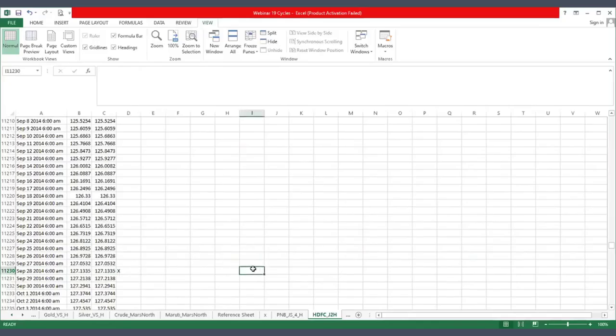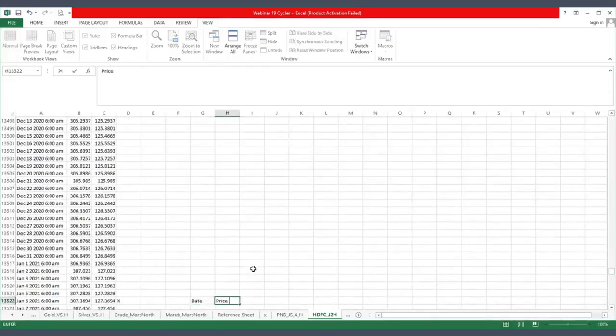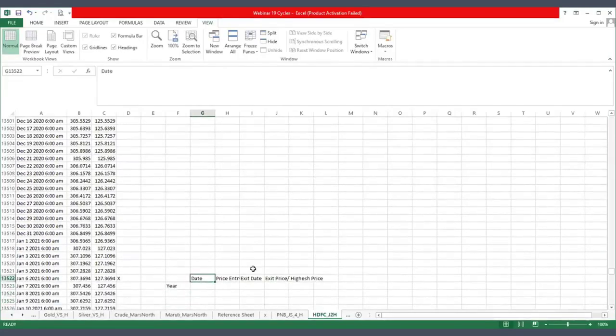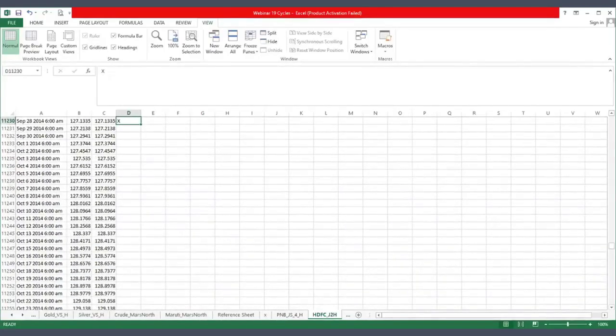Before that, in this Excel, I will put these dates and entry price and exit date, exit price for the highest price. Now let's check for 28 September 2014.